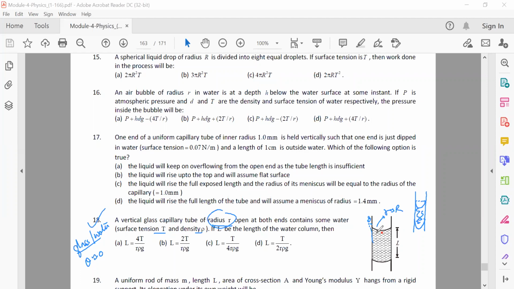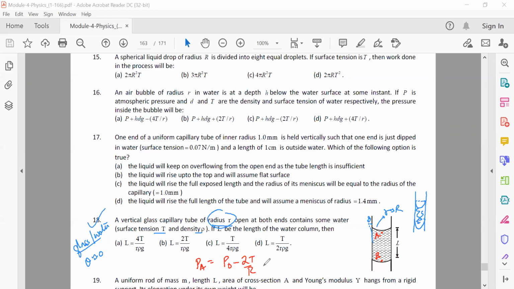Okay. So if this point is A, this point is B, the pressure at the point A should be equal to atmospheric pressure minus 2T by capital R, which is the same thing as small r.